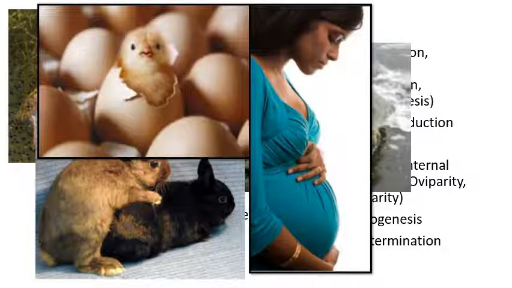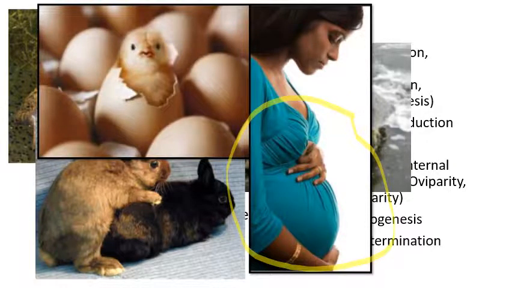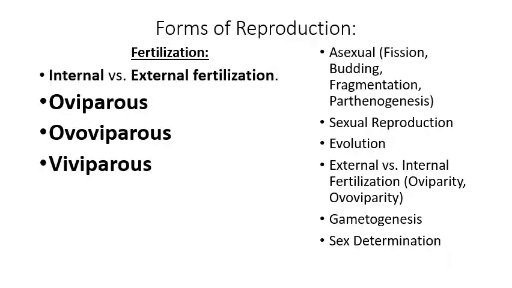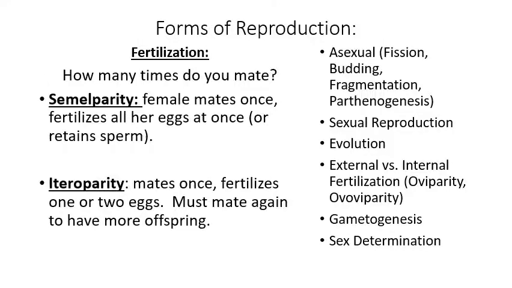Humans, of course, practice viviparity, similar to the rabbits, since we are mammals as well. So we have oviparous, ovoviparous, and viviparous development. You either have internal or external fertilization, and then you have either oviparous, ovoviparous, or viviparous development.